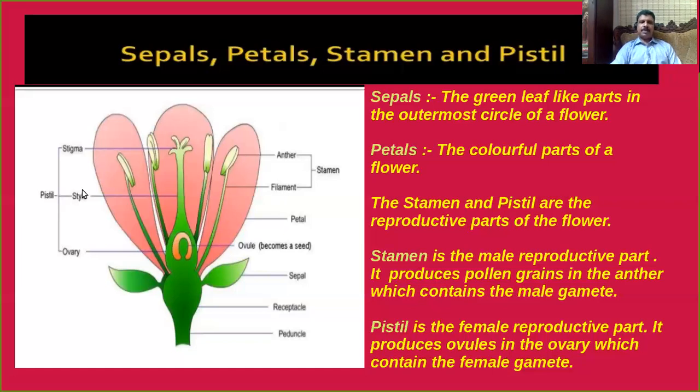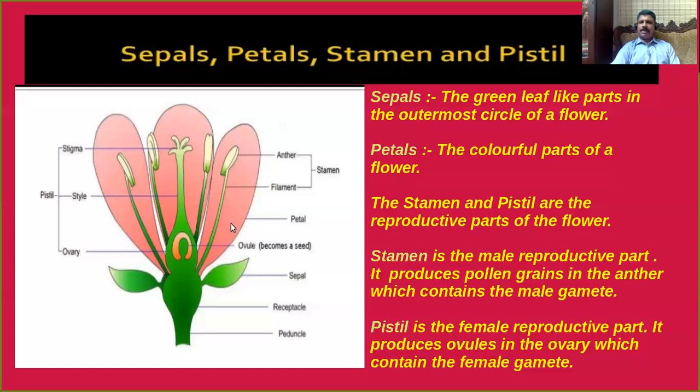Dear students, the pistil is considered the female reproductive part. It produces ovules inside the ovary, which contain the female gamete. As you know, the pistil has three regions: stigma, style, and ovary.